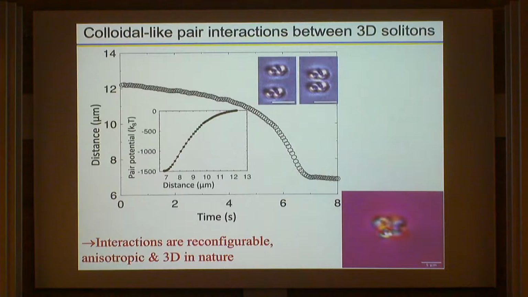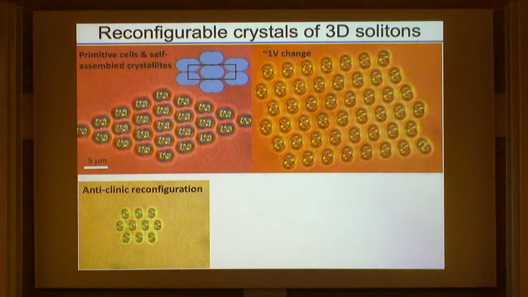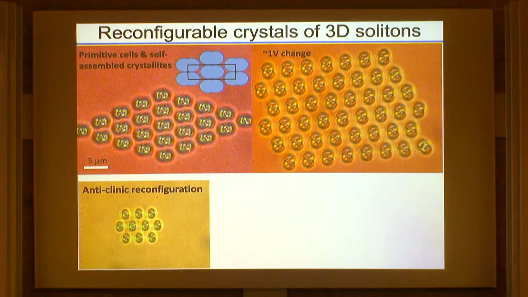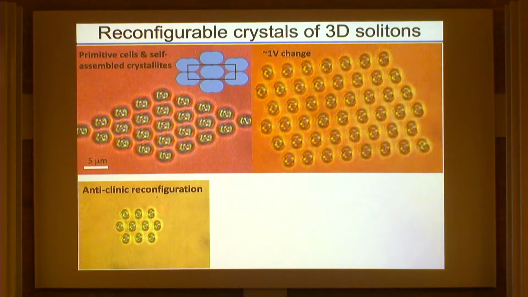So you can see from this video that the particles are attracted to each other while moving in both lateral and axial directions, and then self-assemble into some structure. And as you have many of them, they can self-assemble into crystallites of different types.